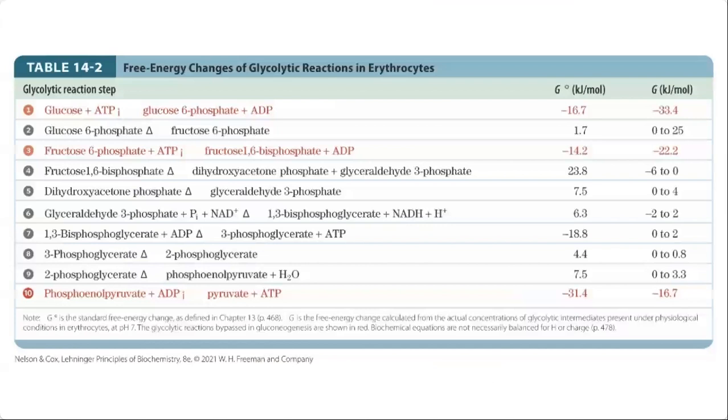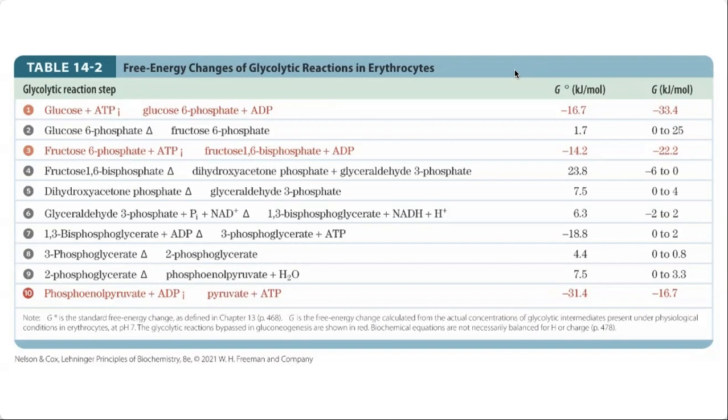Just like when we were talking about thermodynamics and metabolic logic, the logic of pathways, we talked about how there would be steps that are close to equilibrium and steps that are far from equilibrium. We also talked about the delta G naught.